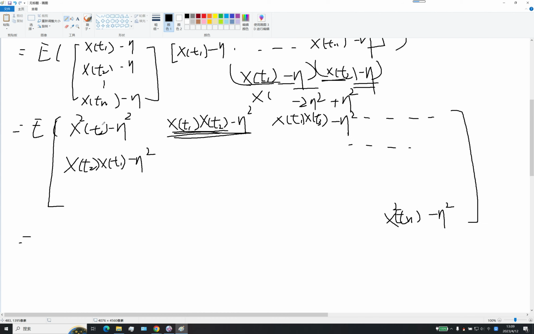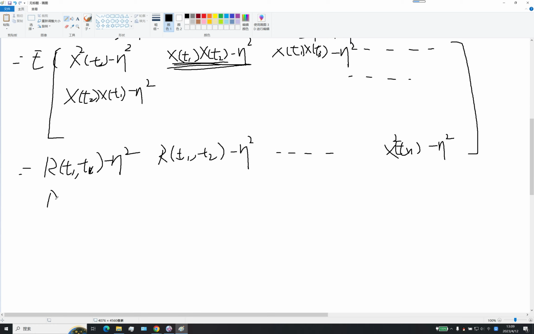Because we know that when we take E[X(t)X(t)], it is R(t1, t2). This is also R(t1, t1) minus eta squared, and so on. So this is also R(t2, t1) minus eta squared, and so on.